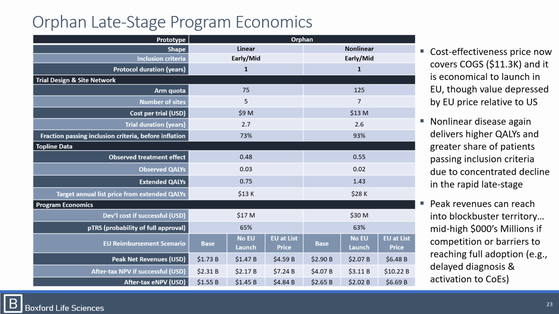We know that in orphan diseases, particularly if there's never been an indicated treatment for that disease before, it can take a long time. It can be a challenge to get patients activated on drug. We're not assuming any of those haircuts yet in here, but we see much higher potential value in this disease compared to what we saw in ultra-orphan.